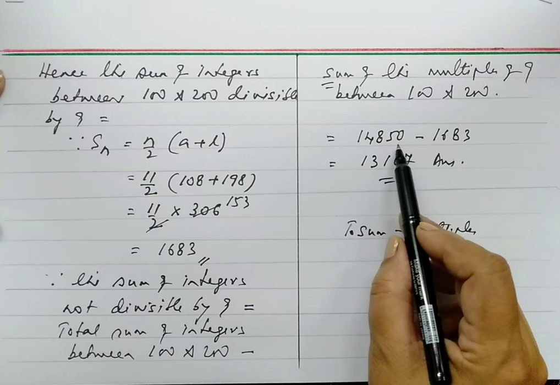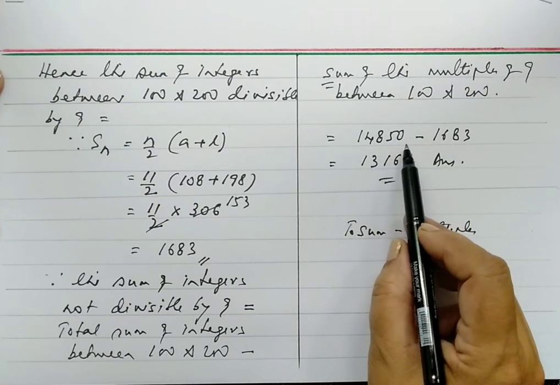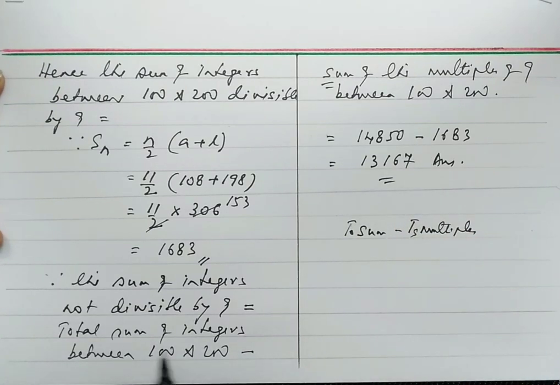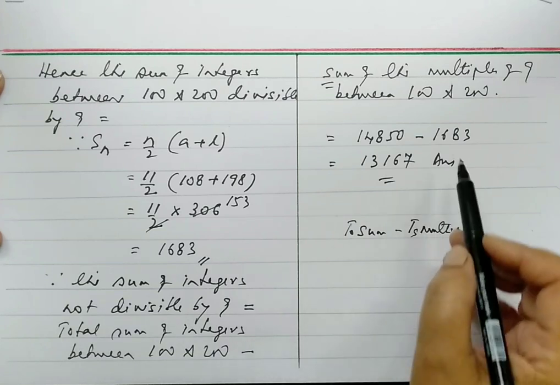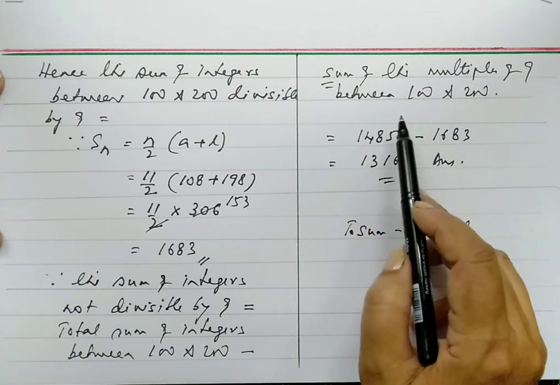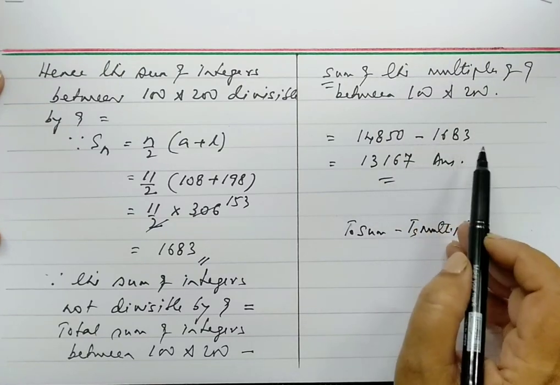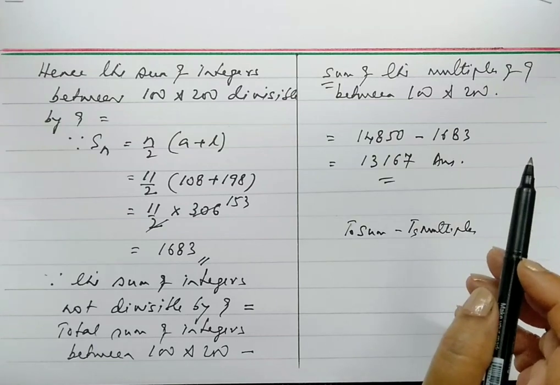So 14850 minus 1683. 14850 was the total sum of integers between 100 and 200, and 1683 was the sum of multiples of 9 between 100 and 200. Clear? When we subtract, we get this portion.